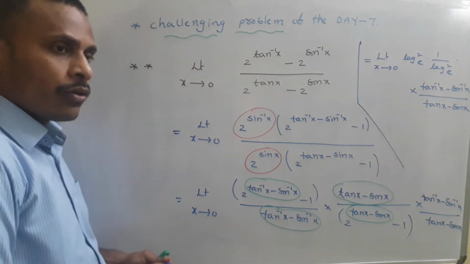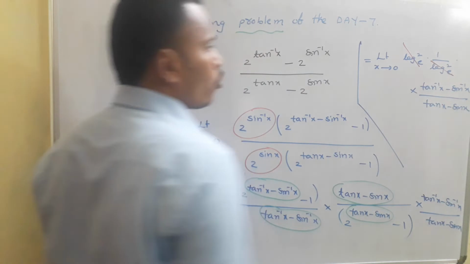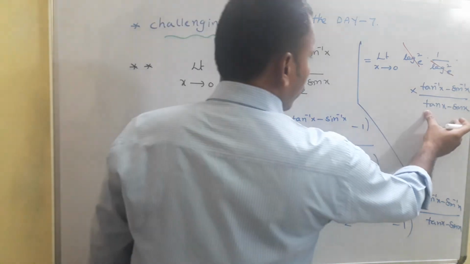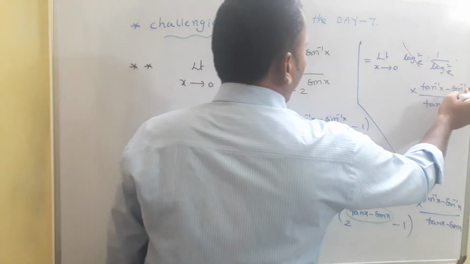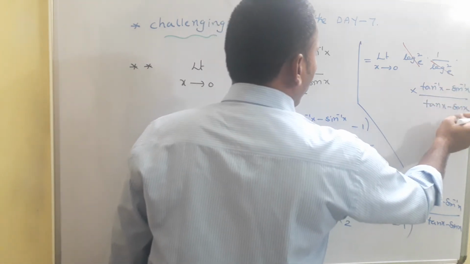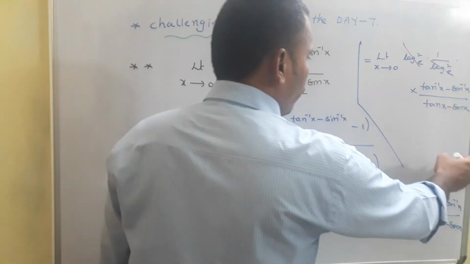Now simply cancel out this log 2 to the base e and this log 2 to the base e. We are left with this, and our task is to calculate limit x tending to 0 of tan inverse x minus sin inverse x by tan x minus sin x now. Have a look and then I will continue from there.